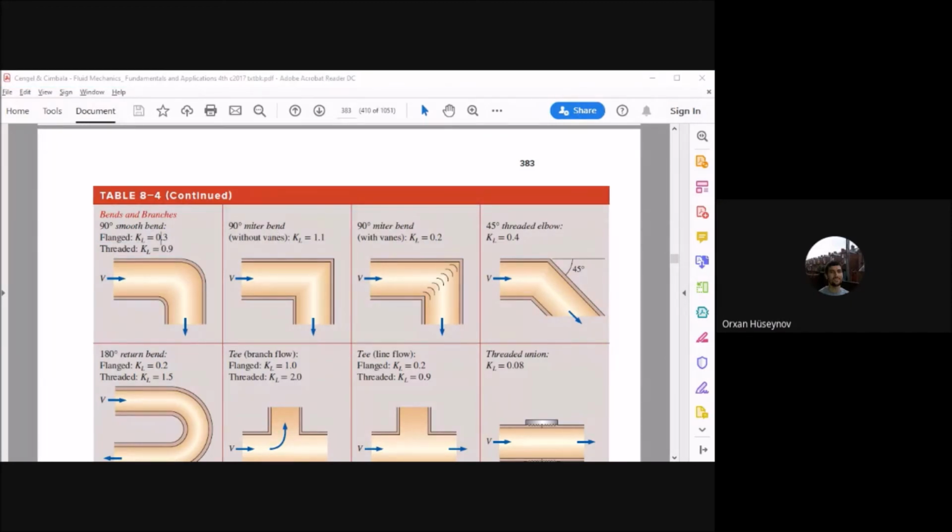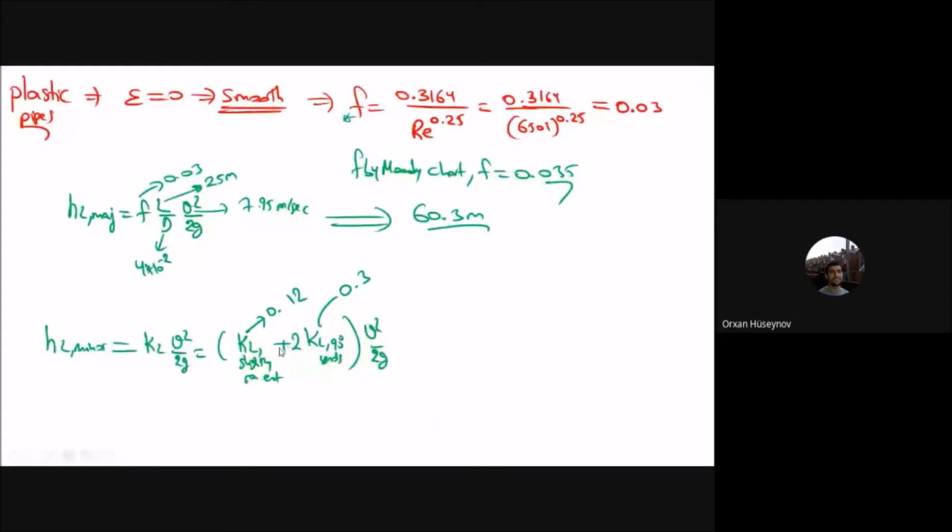Okay. So then now we will see the, so we have taken the value of the KL for slightly rounded entrance, which was 0.12, and the KL for 90 degree bends, which is 0.3.